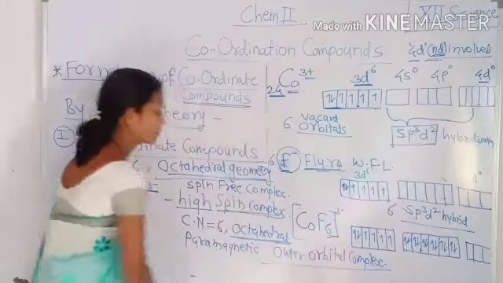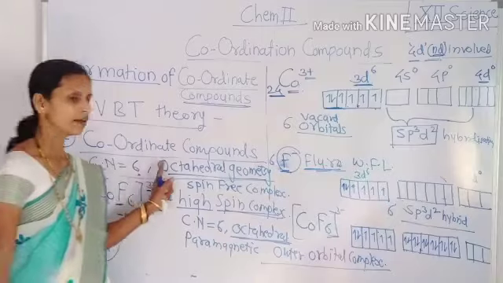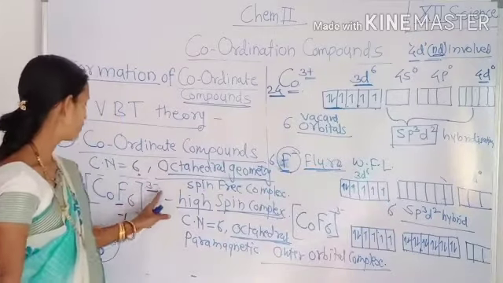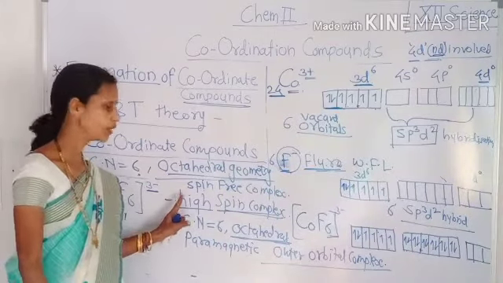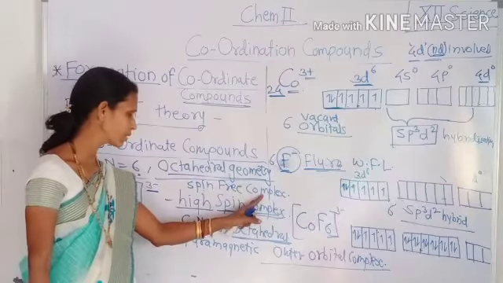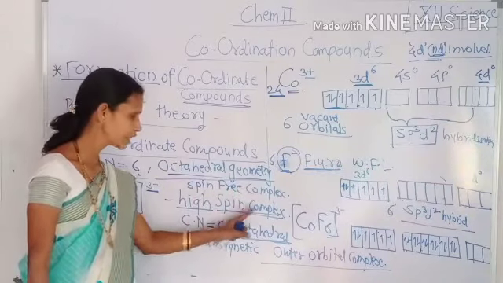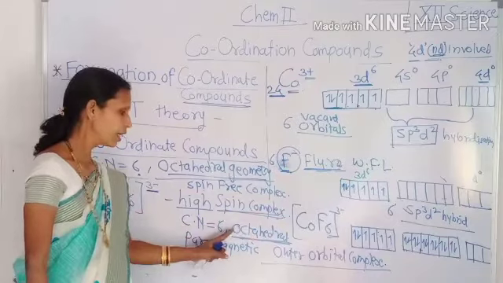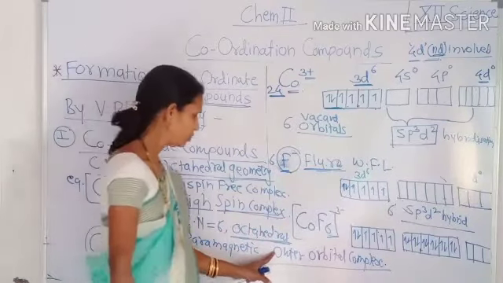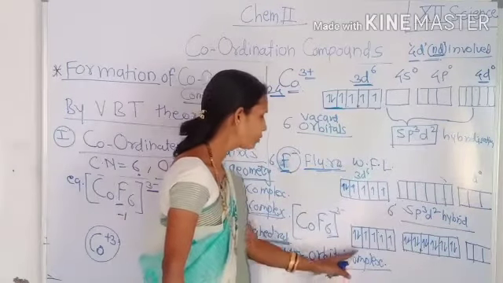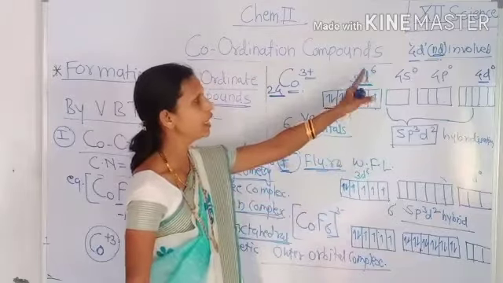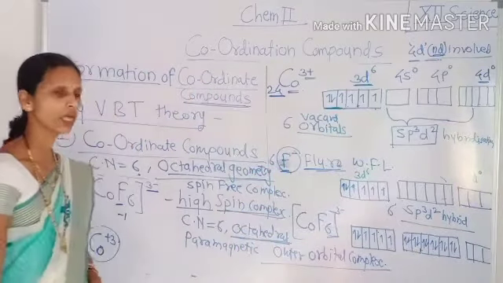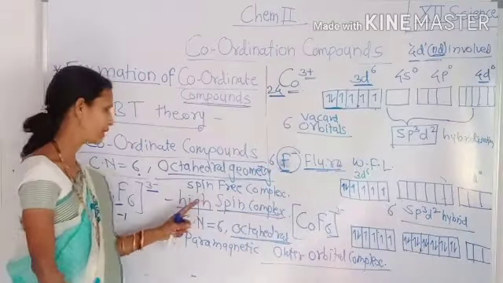That means the CoF6 3- complex is a spin free complex, also known as a high spin complex, and also known as an outer orbital complex, because nd orbitals are involved in hybridization of the central metal ion.